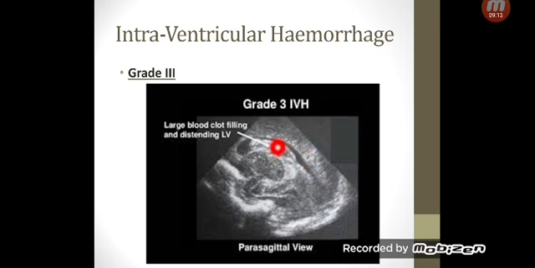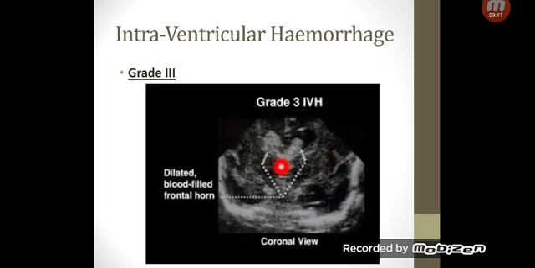So this is a grade 3 hemorrhage because it's covering more than 50% of the ventricle, but because the ventricle is also a bit dilated, it can be a bit less obvious. But the dilatation in itself is one of the findings that you would expect with a grade 3 IVH.